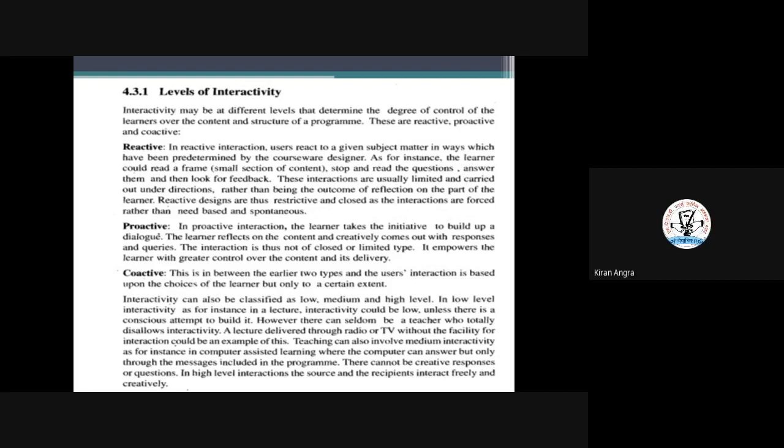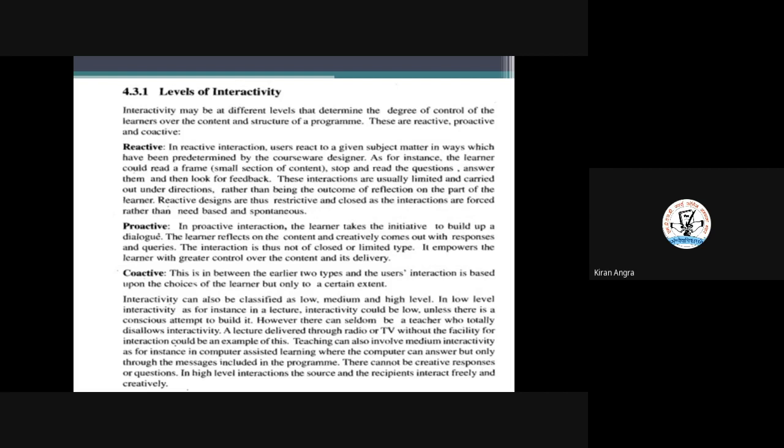This sort of interaction comes into the picture when a designer prepares courseware in small segments. The learner can read, stop, and then the person who has prepared the course has given some questions, answers, and the format of feedback.